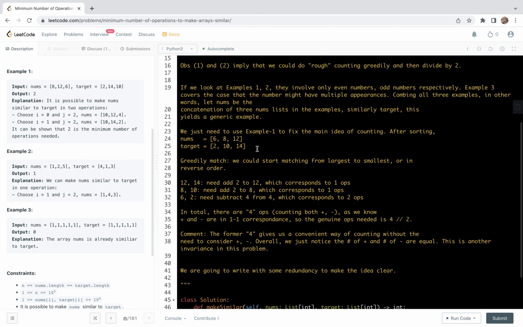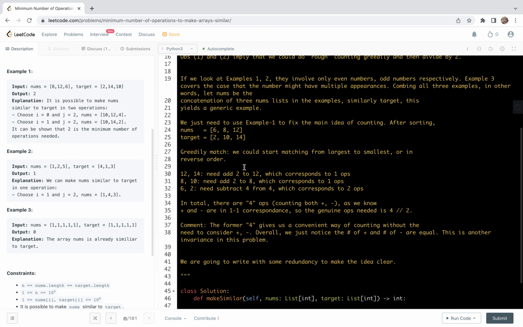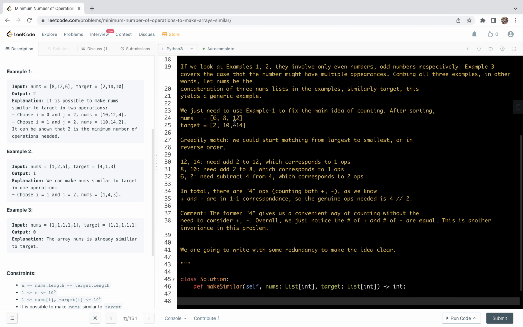For our purpose, to fix the idea, we just need to use example 1 to fix the main point. Here we can do sorting. After we sort, nums becomes 6, 8, 12, and the target becomes 2, 10, and 14. And then we can do greedy matching. We could start matching from largest to smallest, or in the reverse direction. Let's match from largest to smallest.